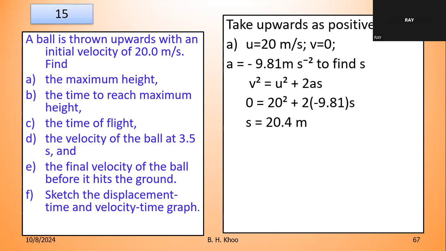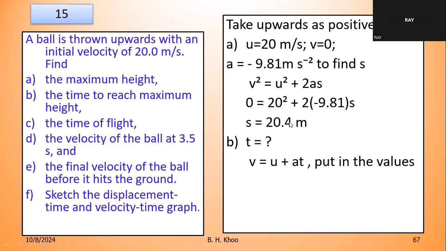Okay, what equation do we use to find the time to reach maximum height? We want to find time. So based on what is given, you can use this one.